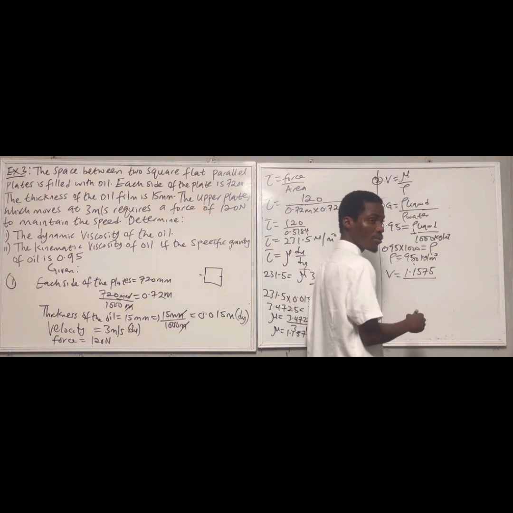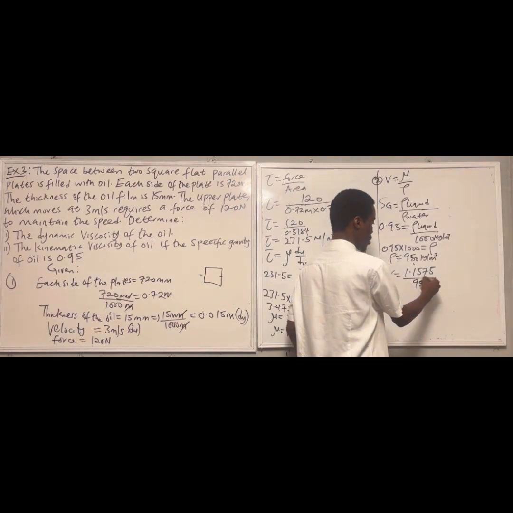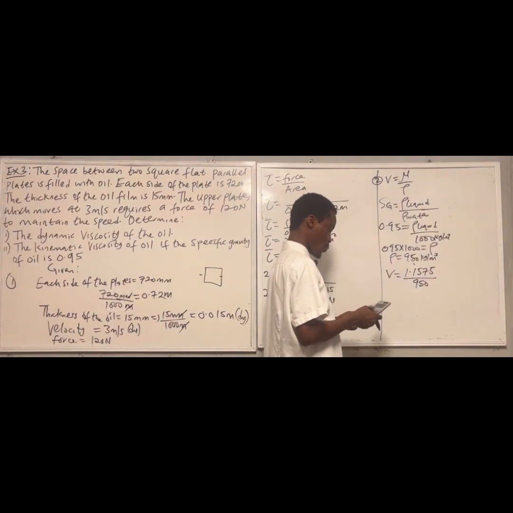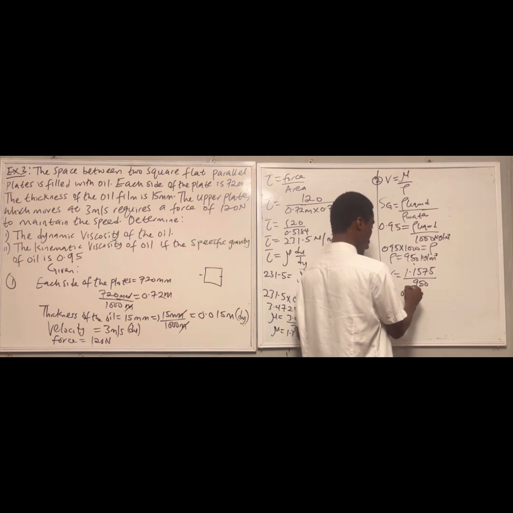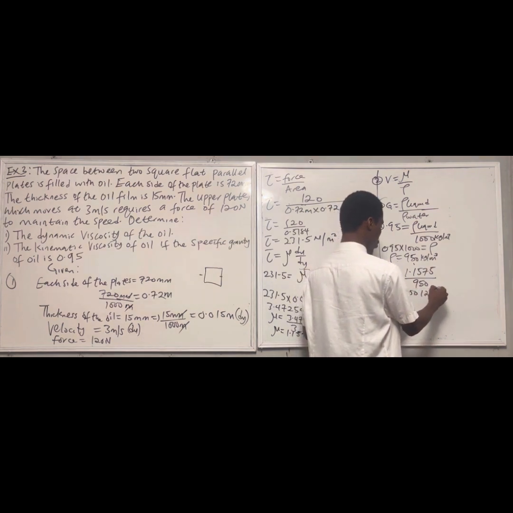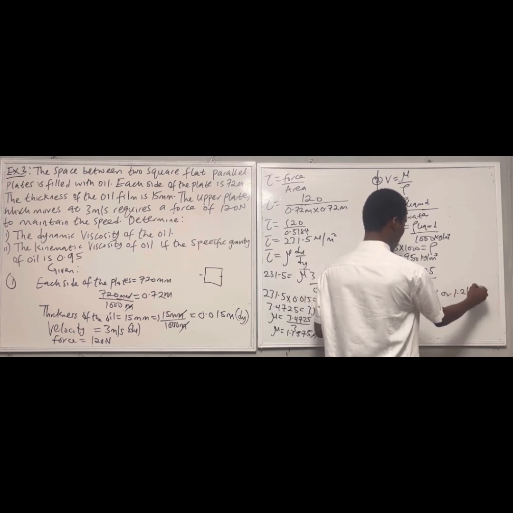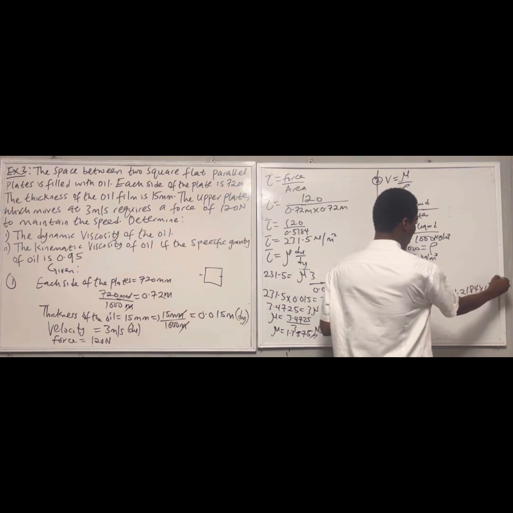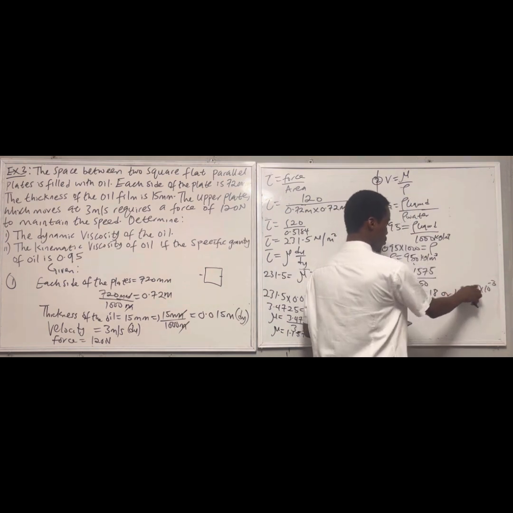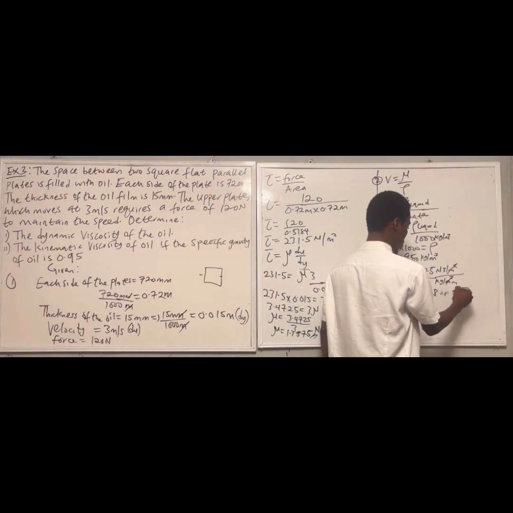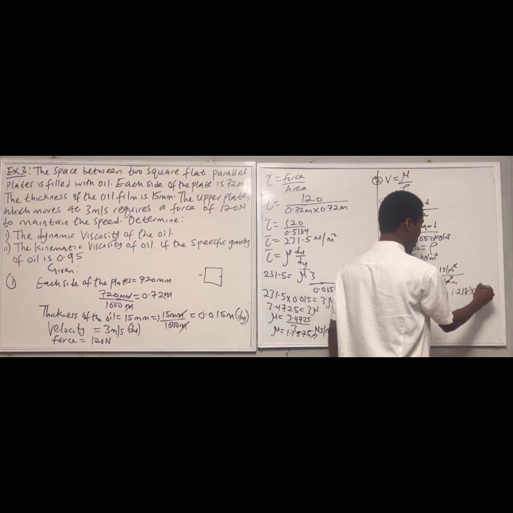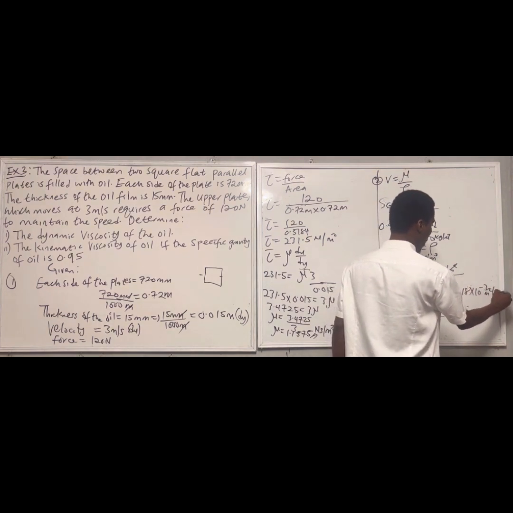So V is 1.1575 divided by 950, which gives 0.001218, or 1.218 times 10 to the power minus 3 meter square per second.